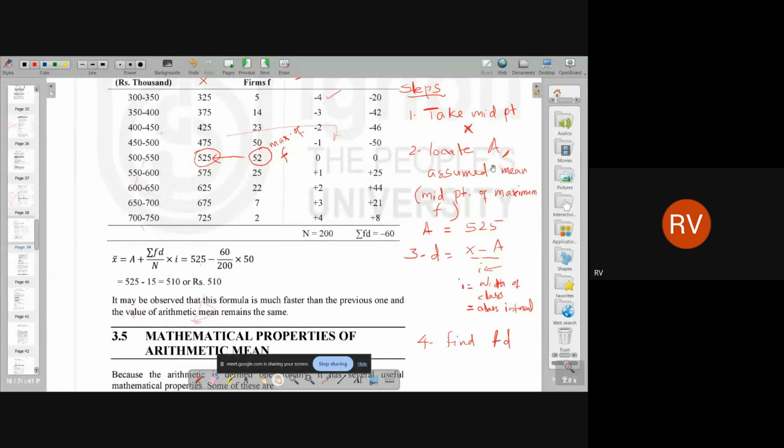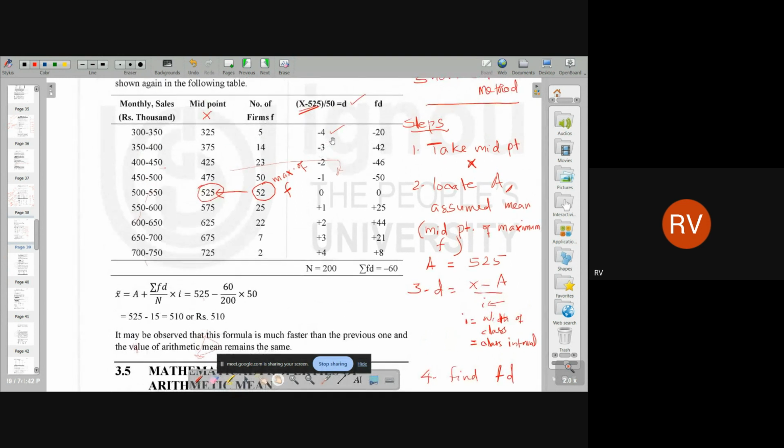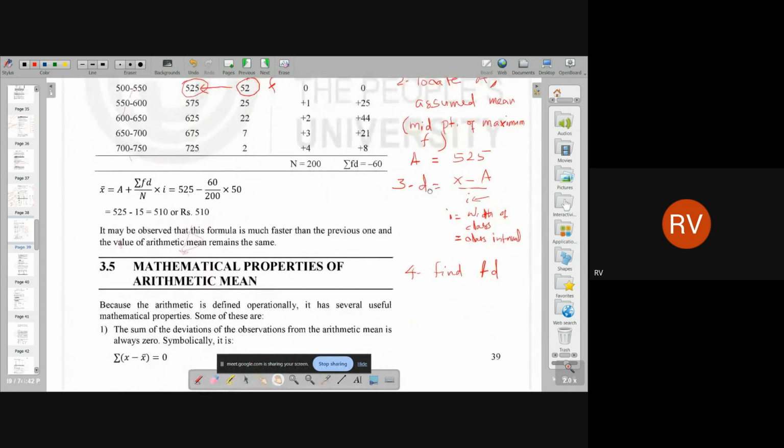Second step, locate A, which is the x corresponding to the maximum frequency, 525. Then find d equal to x minus A by I. The first d is minus 4. The second d is 375 minus 525 by 50, that is minus 3. Then multiply to get fd.